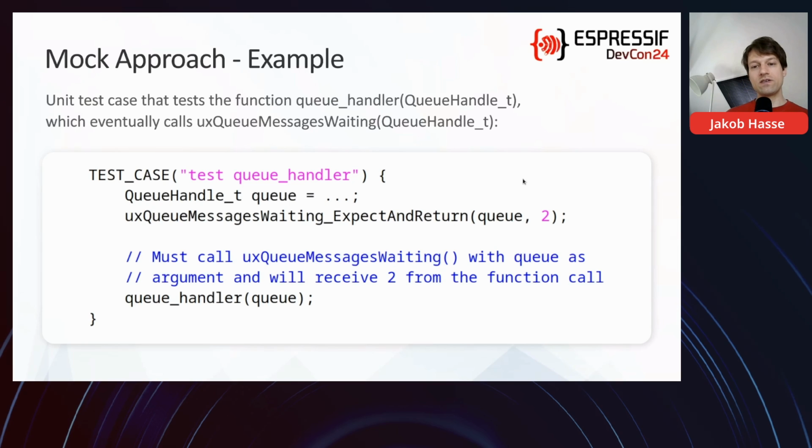If for any reason the qHandler function or the code behind it would not pass the queue value correctly or pass something else, then the mock will basically trigger a Unity assertion and print out a meaningful debugging message. So you will see what value was expected, and what the actual value was.